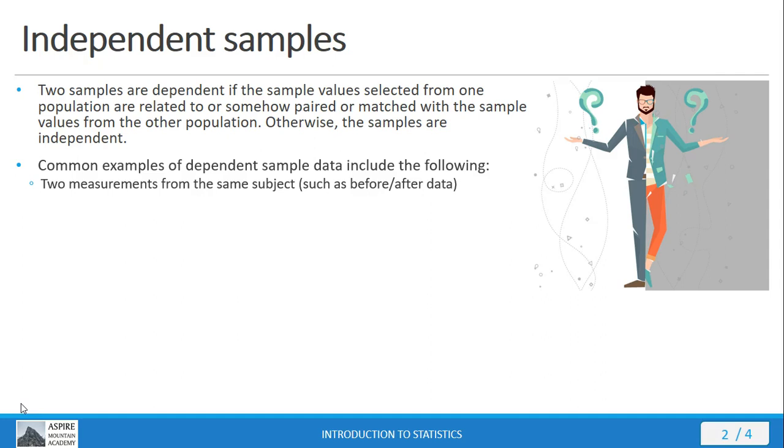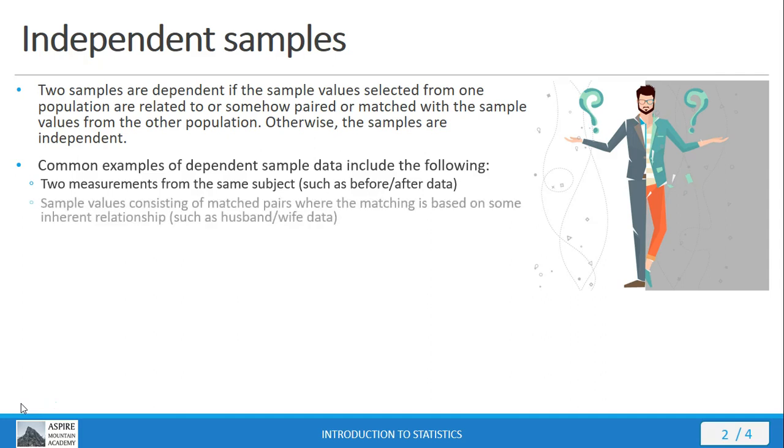So those two data points are paired together. And for each of the different subjects that you include in your before-after data sets, you have that same relationship. There's a unique value in one population that can be paired with a unique value in the other population.